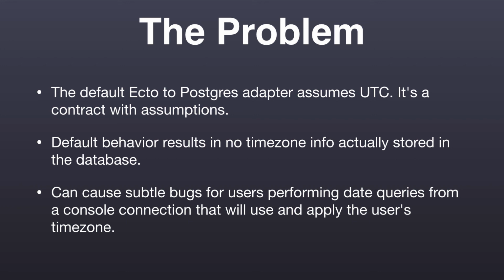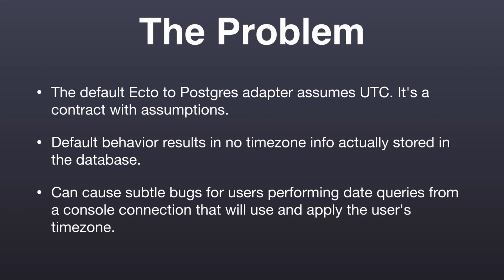So let's say your marketing person lives in San Francisco. All of a sudden, all those timestamps are going to be interpreted as San Francisco time, and that may lead to very subtle statistic bugs. You'll run the statistics, and you'll see things are just off a little bit, and you really have no idea why. And so my solution is basically to store that time zone data in the database.